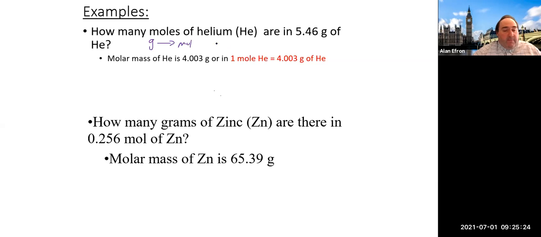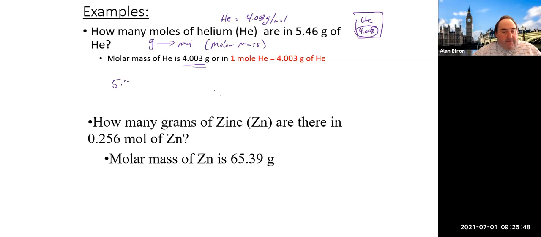And again, our molar mass is our conversion factor to do that. They gave it to you here. Again, if you went to the periodic table, you would see underneath helium this number. And that basically means that the molar mass of helium is 4.003 grams per mole. We'll use that as a conversion factor here.